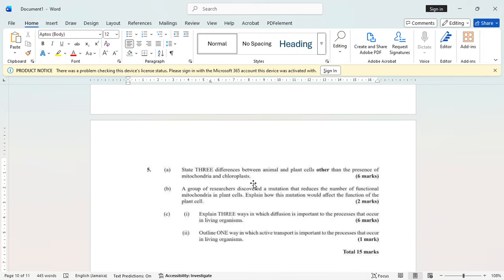Definitely, mitochondria is important in terms of the respiration, how the plant will get energy, and so it will affect a lot of metabolic processes, photosynthesis, so the plant will not be able to grow properly. It would have reduced metabolic rate and activity, and of course, it can lead to the death of the plants. Yeah.